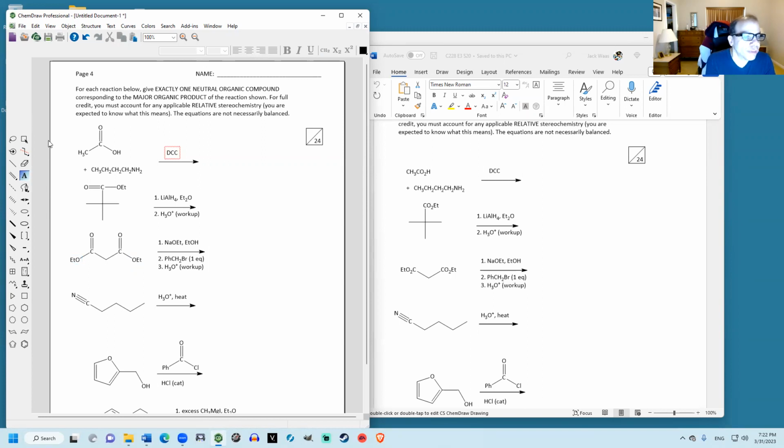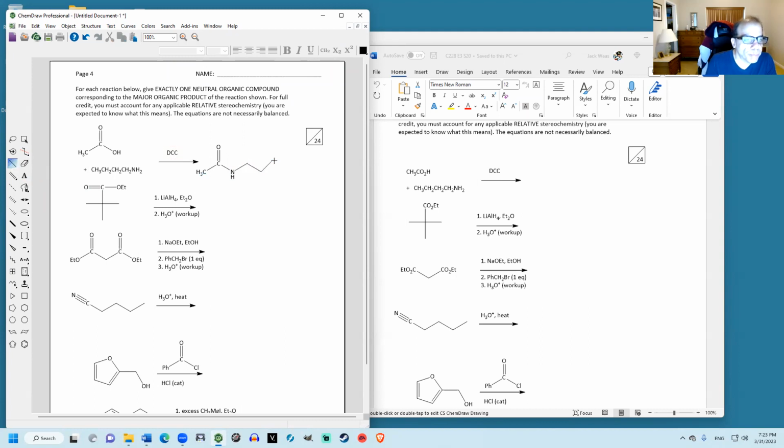So the first reaction is DCC coupling. DCC will couple a carboxylic acid to an amine to make an amide. And so you put the nitrogen of the amide right on the carbonyl, and just attach whatever alkyl group.